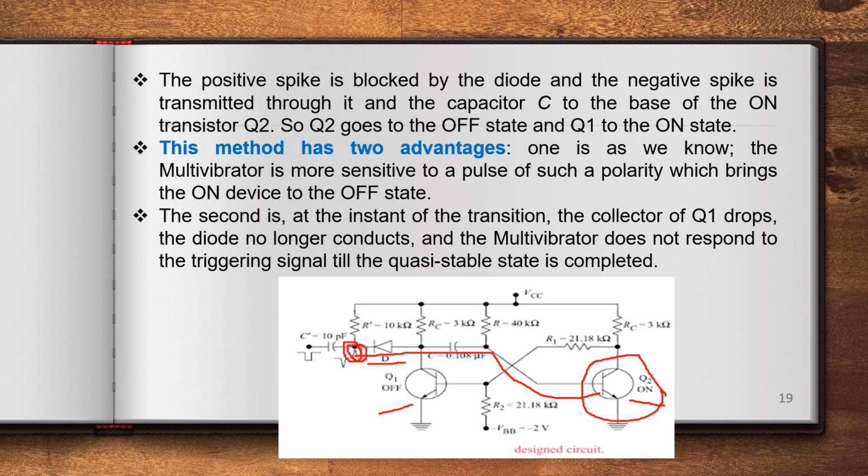This method has two advantages. One is, as we know, the multivibrator is more sensitive to a pulse of such a polarity which brings the on device to the off state.